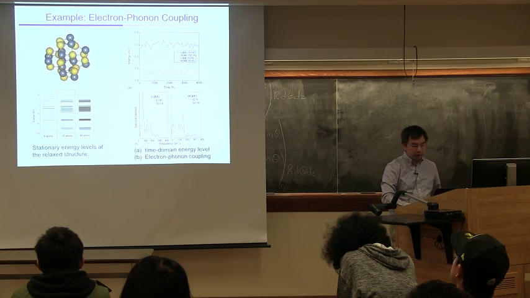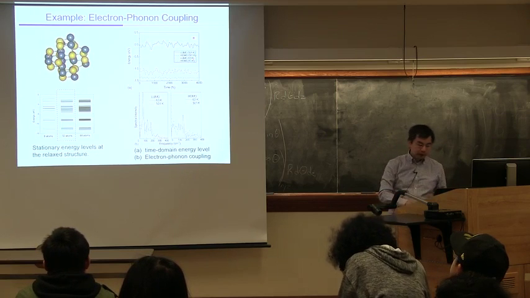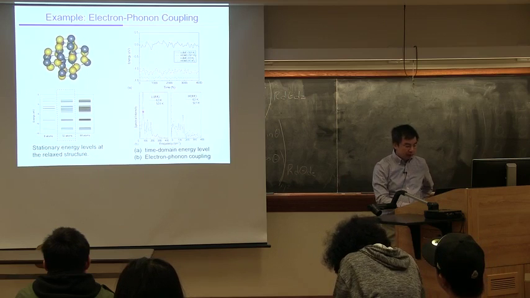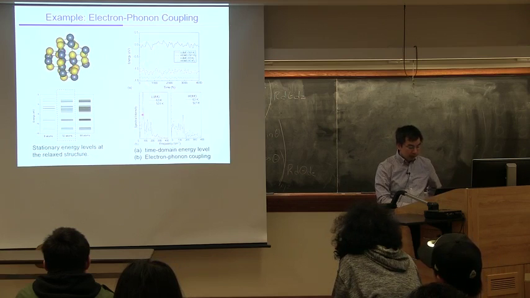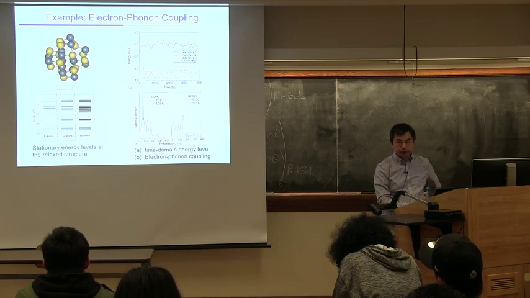Okay, so now if you perform a Fourier transform, right, from the time domain to the frequency domain, you can find out the spectrum of this energy level as a function of the frequency. This tells you how strongly the electron energy level will couple to a specific vibration frequency.